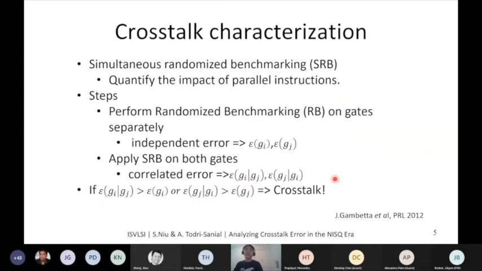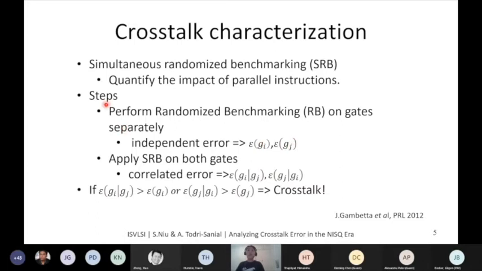So now we want to characterize the crosstalk property of a quantum device, and there are many protocols for doing it. We chose the most popular one, called simultaneous randomized benchmarking, because of its ability to quantify the impact of parallel instructions. Let's say we want to characterize crosstalk between two gates Gi and Gj.